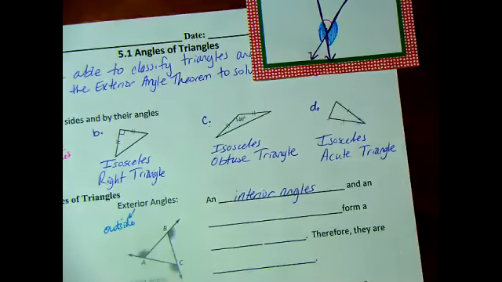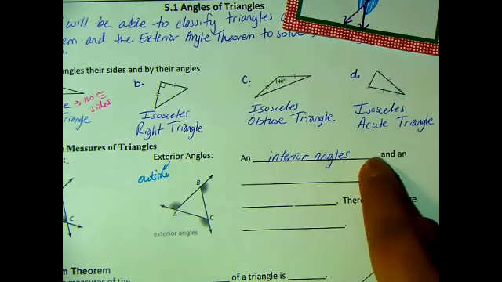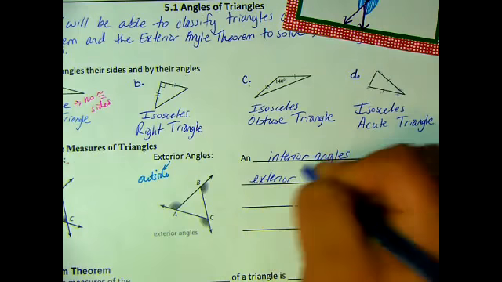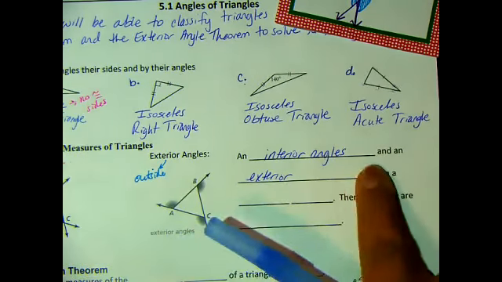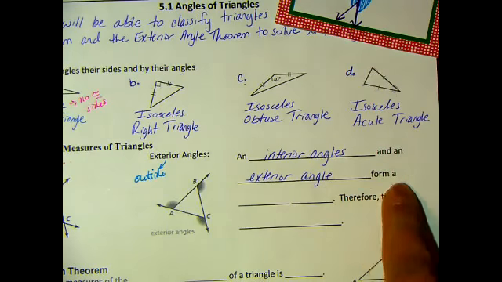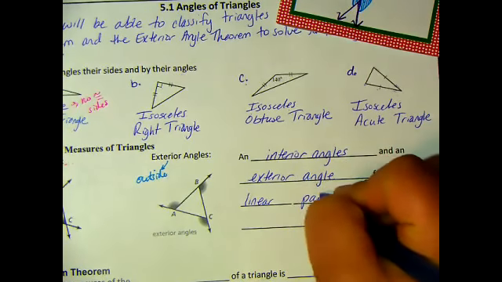So there's a beautiful relationship that happens with every interior and exterior angle, where an interior angle and an exterior angle form a linear pair.